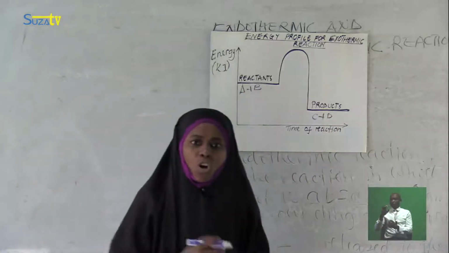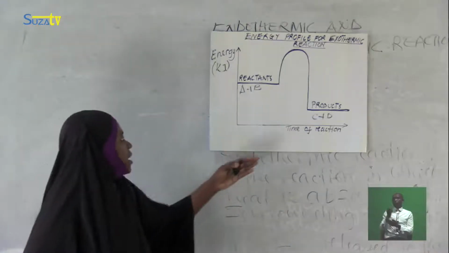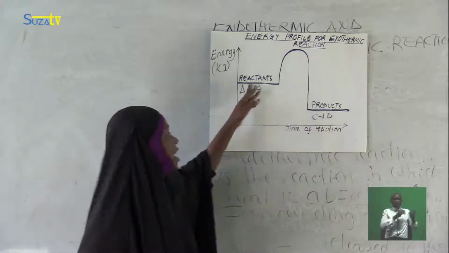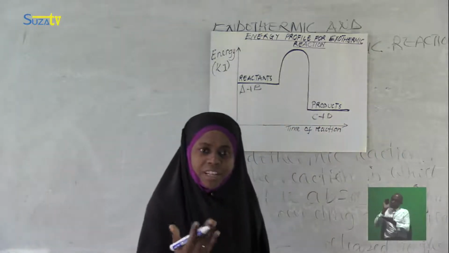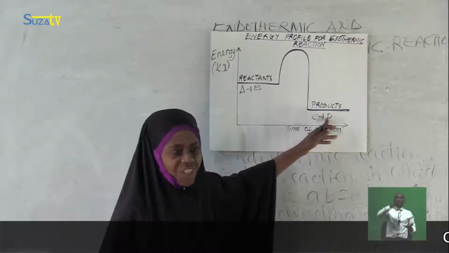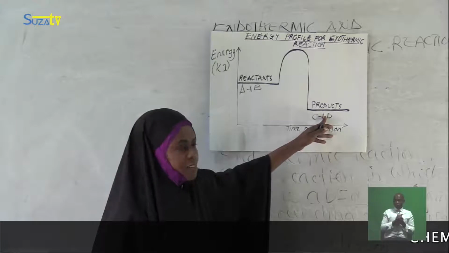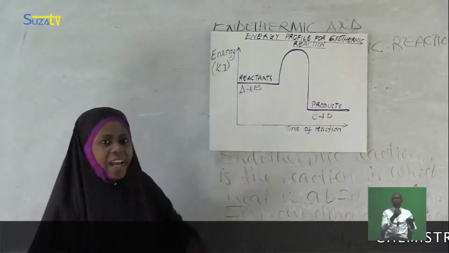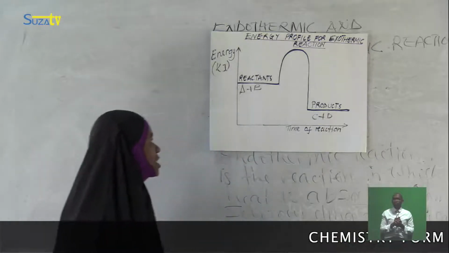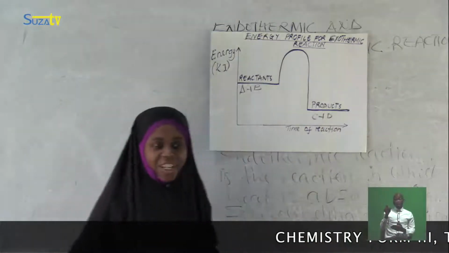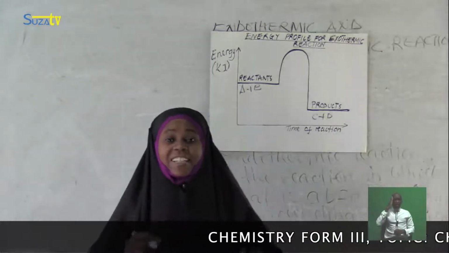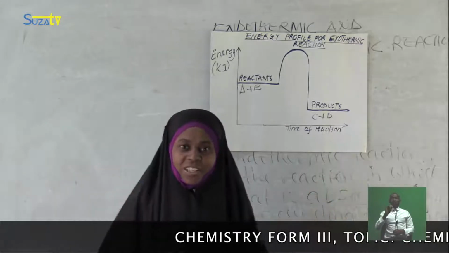Who can tell me why the energy is much less in the products than in the reactants? You can try to say something. Okay, because here we have an exothermic reaction, and we know that in an exothermic reaction, heat is released to the surrounding.